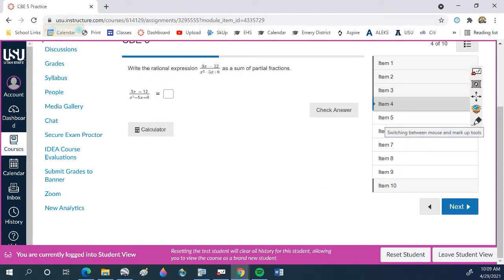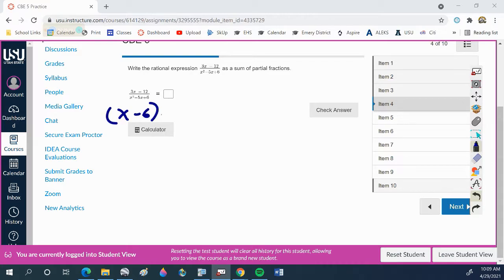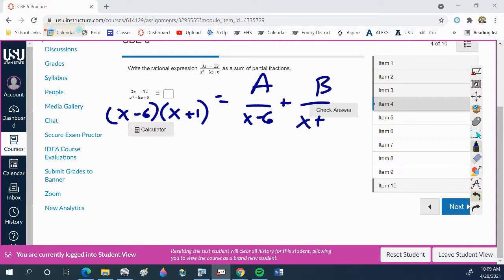Okay. Partial fractions. I love partial fractions. So, x minus 6, x plus 1. How many partial fractions will I have? Just 2. The partial fractions are a over x minus 6 and b over x plus 1.